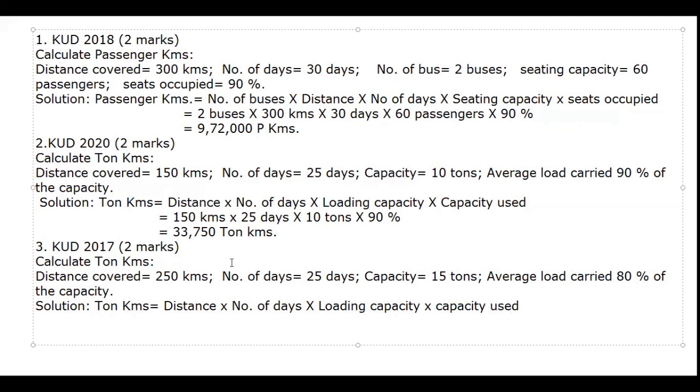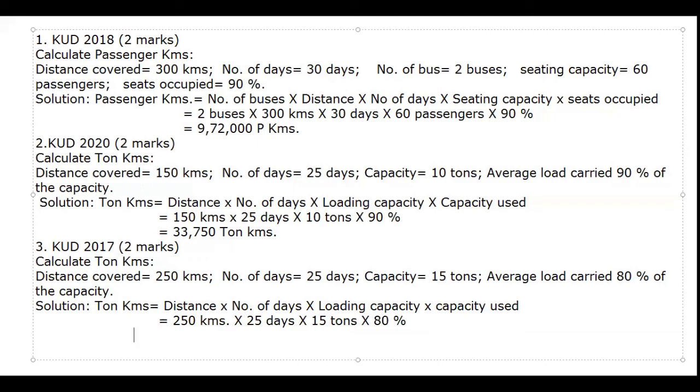So let's fill in the information given in the problem. Distance is 250 kilometers, into number of days 25 days, into loading capacity, it is 15 tons, into what was the actual capacity utilized, it is 80%. So when we multiply all these items given here, it comes to 75,000 ton kilometers.